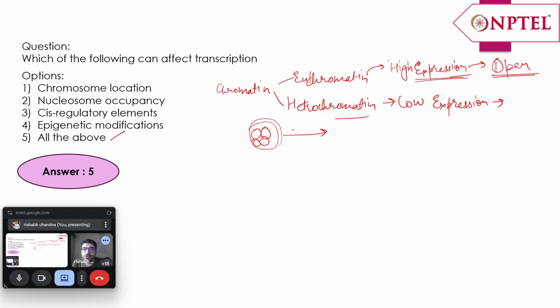Whenever the nucleosome is formed and converted to different forms of the DNA components, that forms a constricted structure. So that actually inhibits transcription.